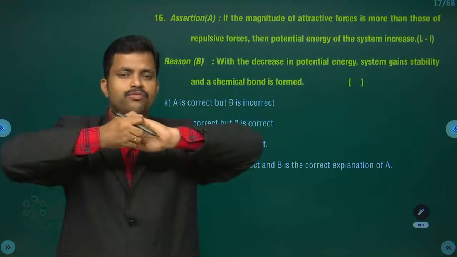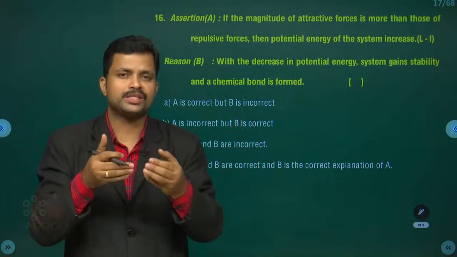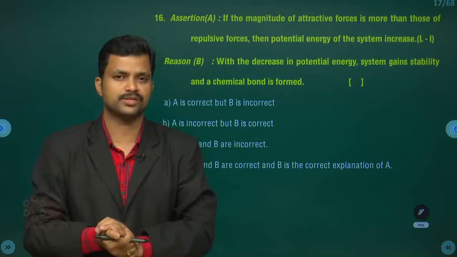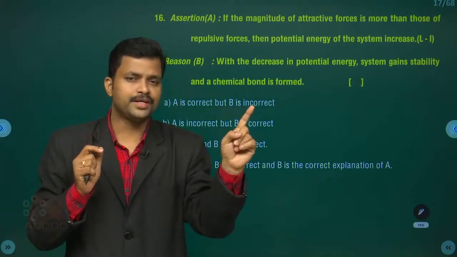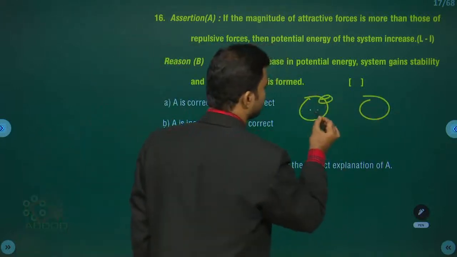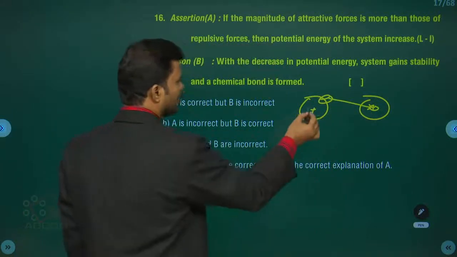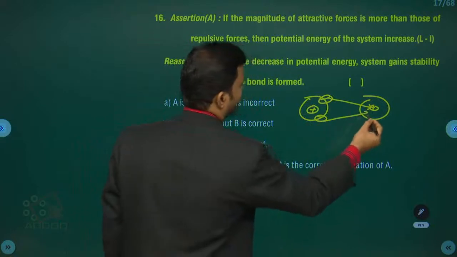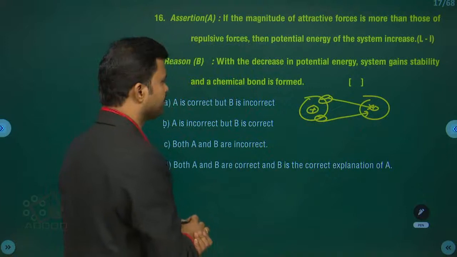When the molecule formation takes place, attractive forces and repulsive forces both will be in equilibrium. Between the electron of one atom and the nucleus of another atom, there is an attractive force.